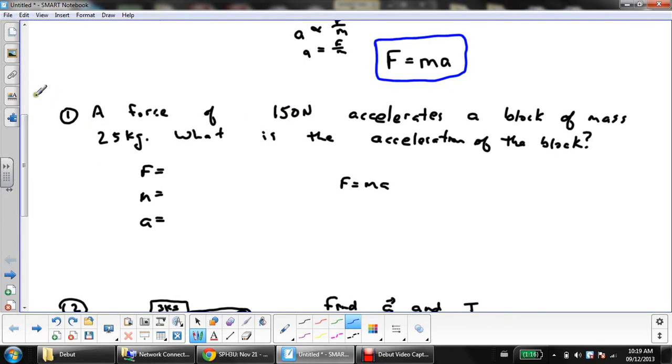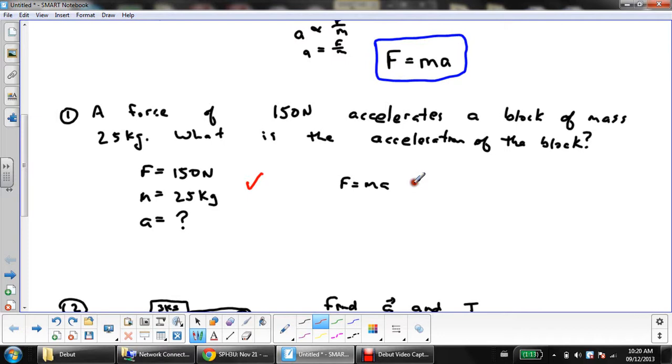A force of 150 newtons is going to accelerate a block where the mass is 25 kilograms. What is the acceleration of the block? So what we have here is a straight plug-in type question. I see the force of 150 newtons. I see the mass is 25 kilograms, and I'm looking for a. One mark for the force, check.